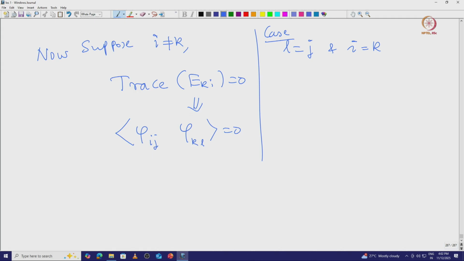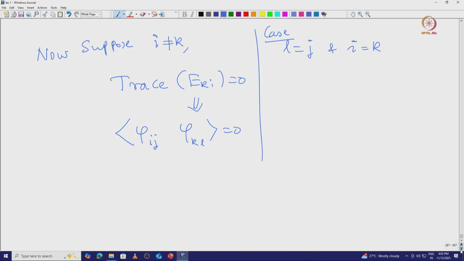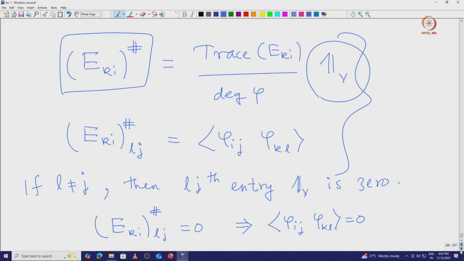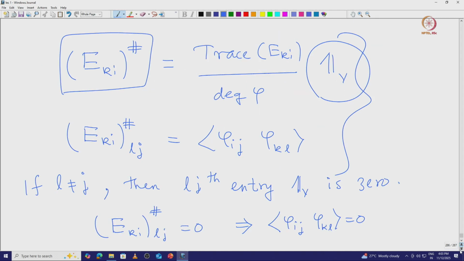In this case, if we go back to the inner product of phi_ij and phi_kl, what we get is the inner product of phi_ij with phi_ij, which is given by the llth entry of E_ii hashtag.